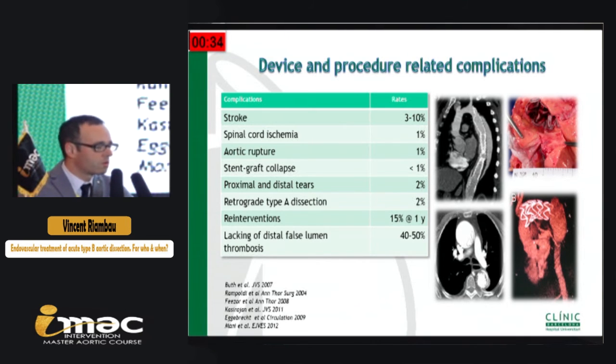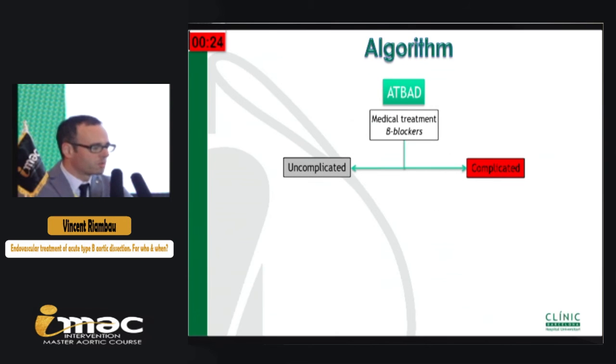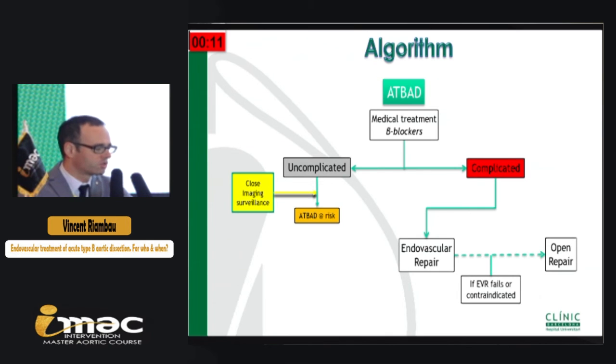There is a stroke rate reported of up to 10%, with a few more complications treating these kinds of patients. So summarizing the concept, when we face an acute type B dissection, if it is complicated, we go clearly to endovascular repair. If it fails, we can go to open repair. But if it is uncomplicated, close image surveillance is mandatory.